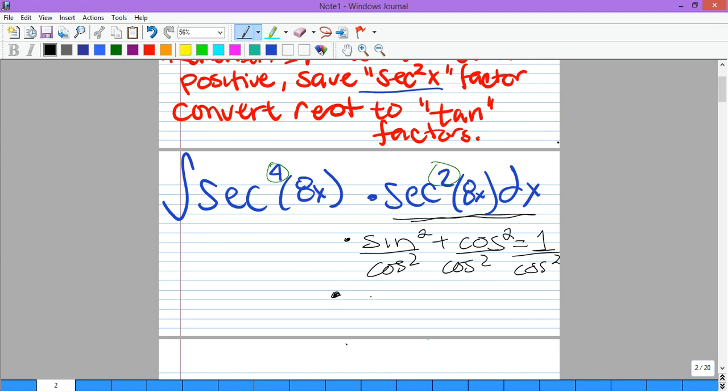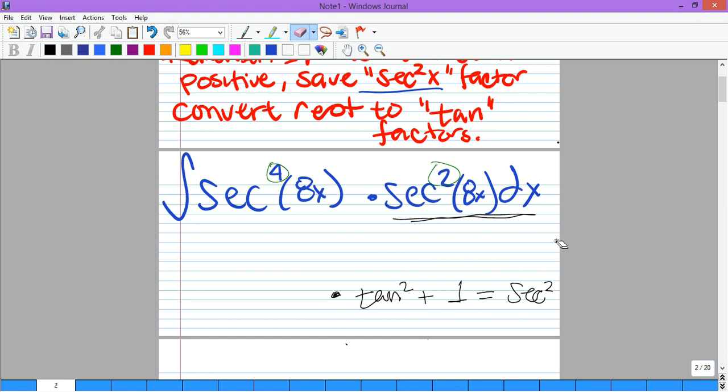If we divide everything by cosine squared, what we get is tangent squared plus 1, which is equal to secant squared. That's if we're dividing the left side and right side by cosine squared. And this is perfect because it gives us exactly what we're looking for: factors of tangent. That new formula is exactly what we need.